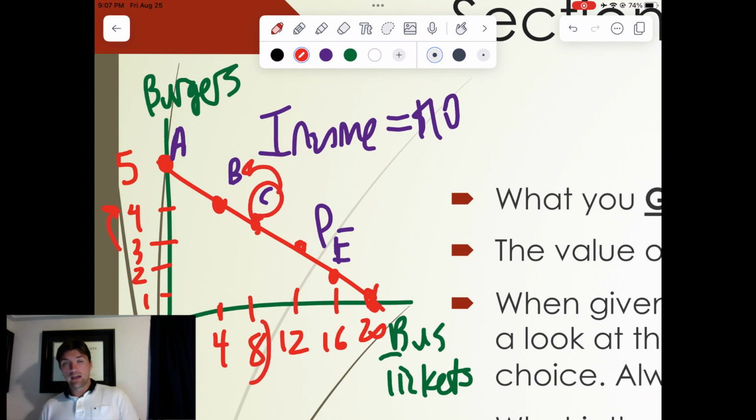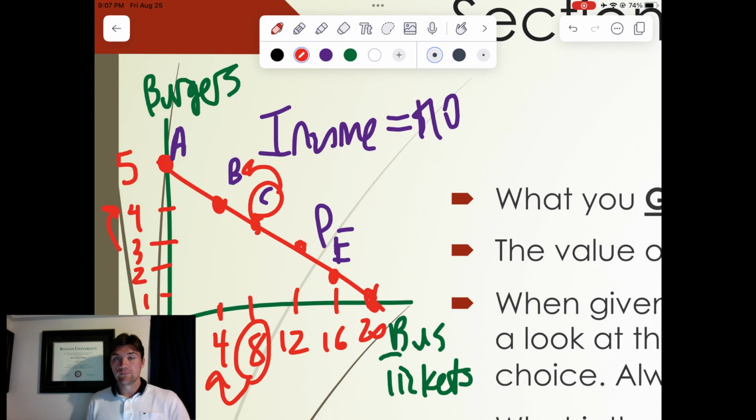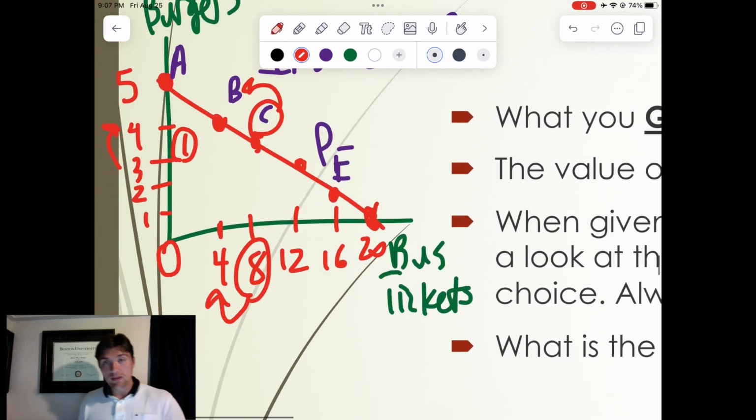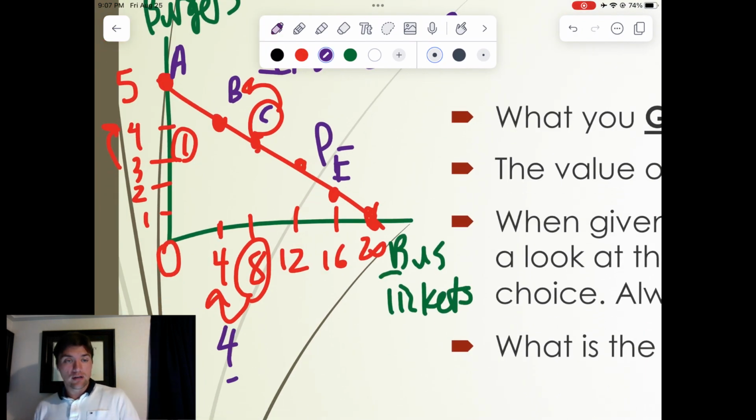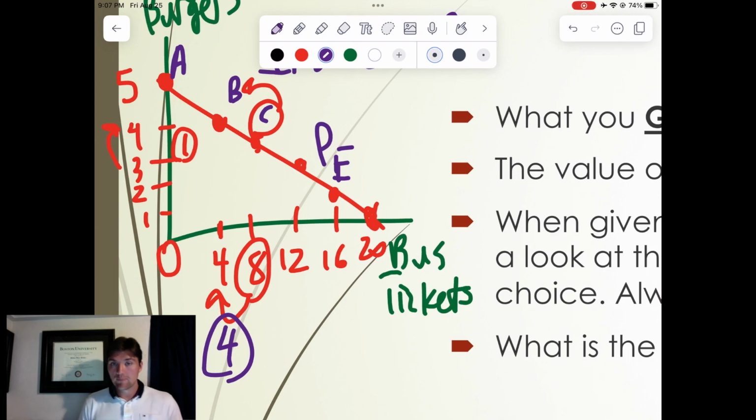So I am gaining a burger, but in order to do that, what did I have to give up? Because I'm buying more burgers, I'm buying less bus tickets, 4 less bus tickets. And that is the opportunity cost of choosing a burger.